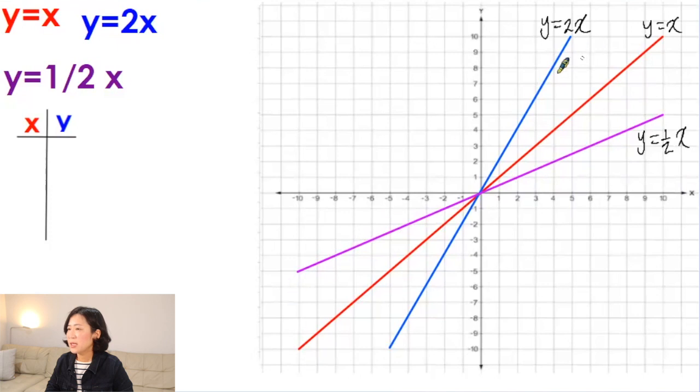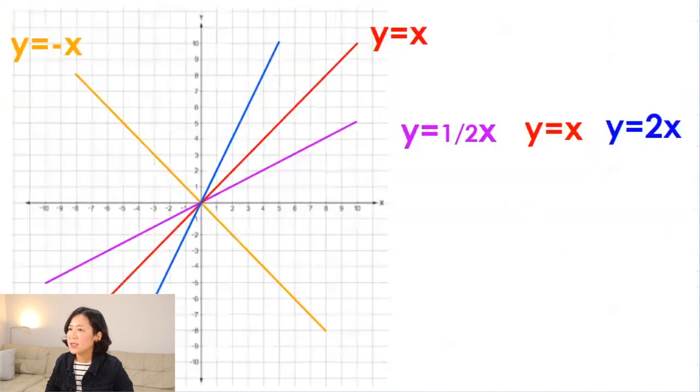As you can see, they all go through 0, 0, and then let's look at their steepness. Y equal 2x is steeper than y equal x, and y equal half x is a bit more even than y equal x. So this is one thing you need to remember.